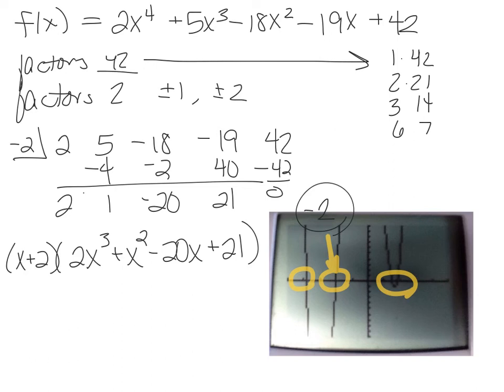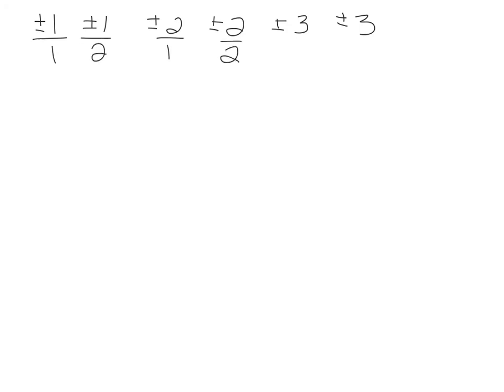Moving to a new slide. So we have factors of 42 over factors of 2. So we have plus or minus 1 and plus or minus, no, I don't need to do plus or minuses. Blasted. 1 and 2 over 1 and 2, that cancels.